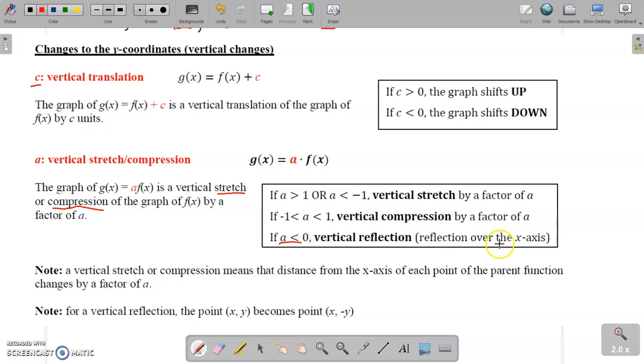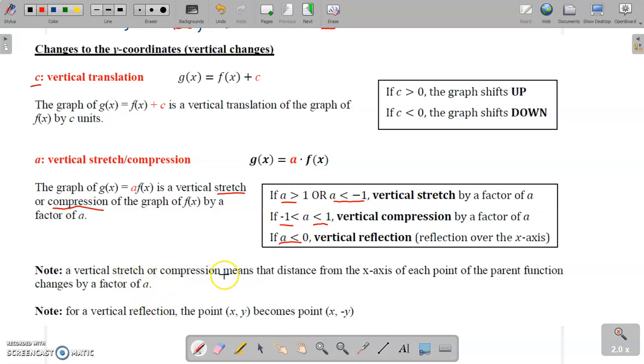That is a reflection over the x-axis, so it flips it. If a is greater than 1 or a is less than -1, it's a vertical stretch. And if it's in between -1 and 1, it's a vertical compression.